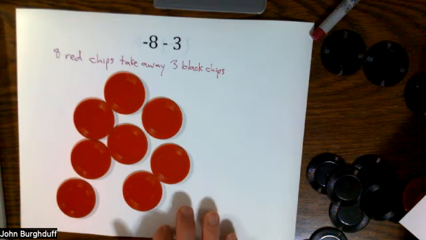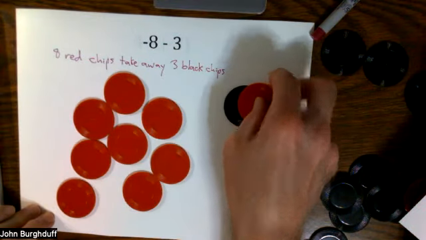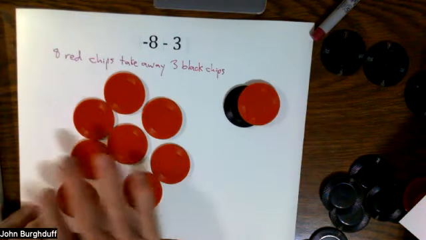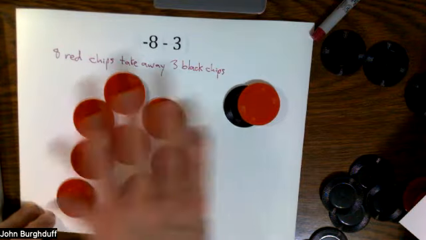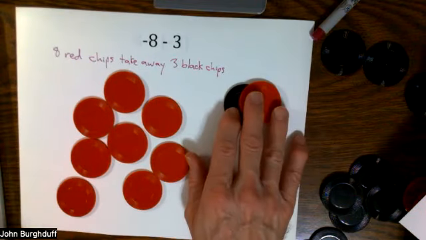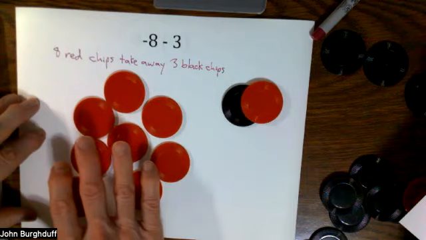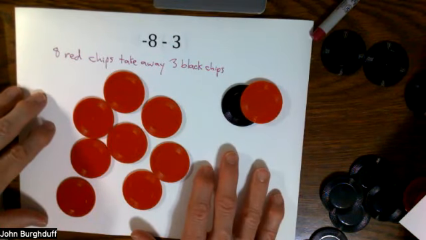This is where our 0 pairs come in. Because if I put a 0 pair on the table, I'm really not changing my number because all I've put in is 0. But if you notice, by putting in that 0 pair, I've brought a black chip into play in this discussion.